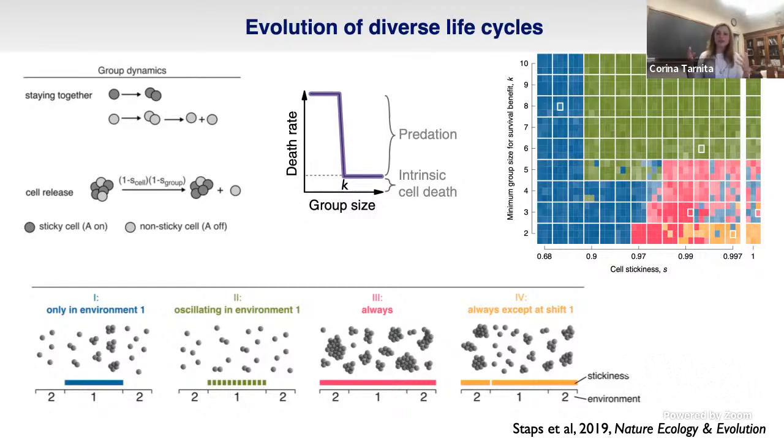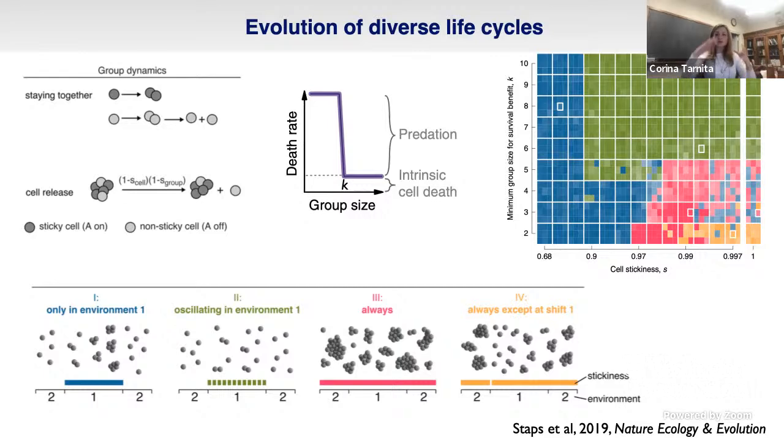That one is very much like the metazoan life cycle. That one expresses gene A always. And in fact, the only way to ever get single cells there is when every once in a while, unless you are at stickiness level 1, which means you never break away from the group, probabilistically, one of the cells will simply peel away from the group, simply because there will always be such a probability unless your stickiness is exactly equal to 1.